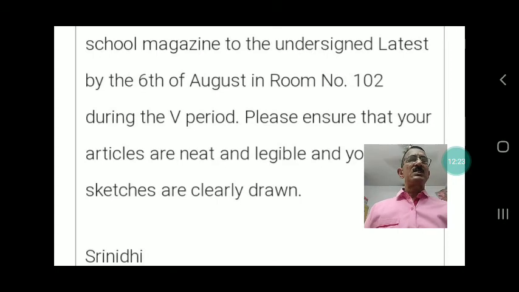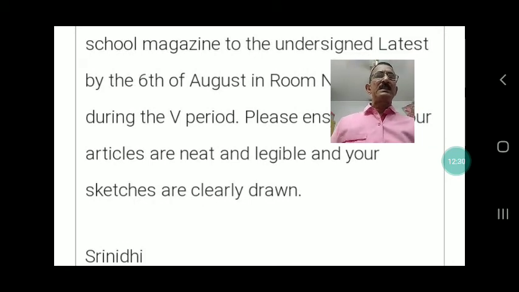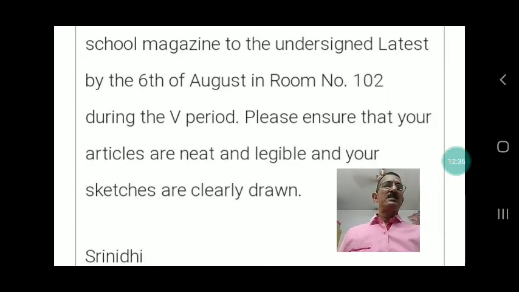Please ensure that your articles are neat and legible and your sketches are clearly drawn. The writer is Srinidhi. If it is the question, then you can answer in this way.